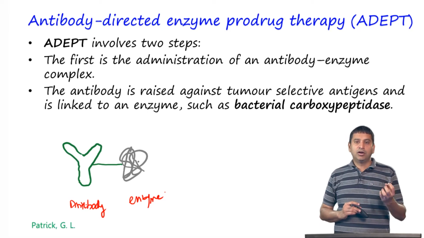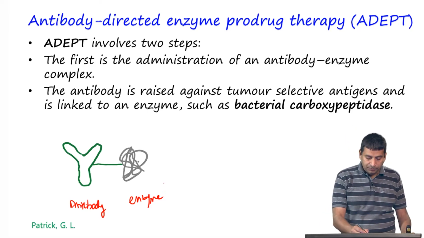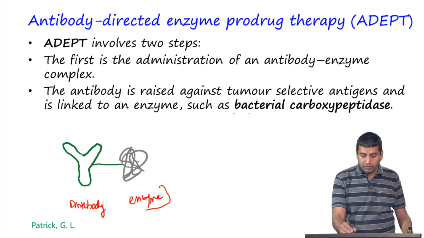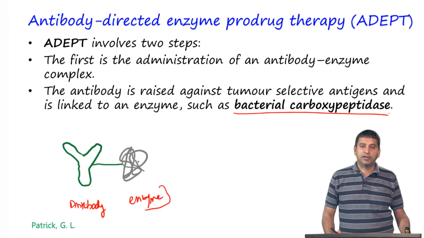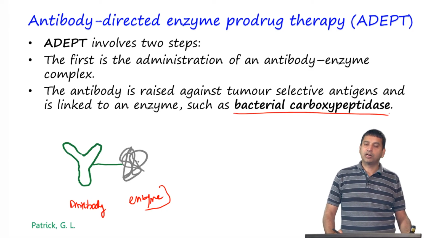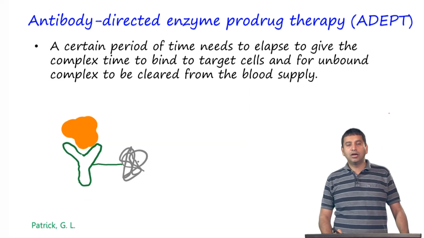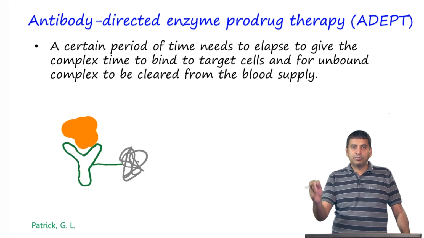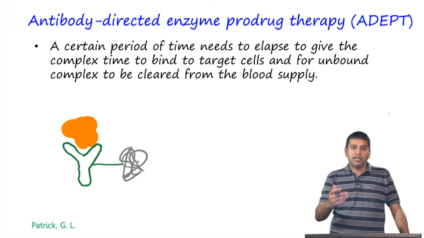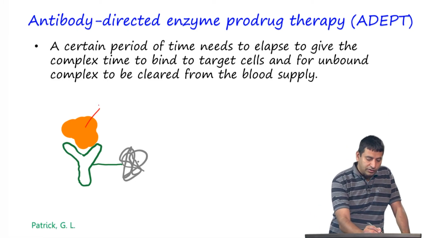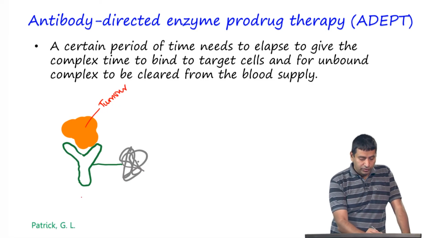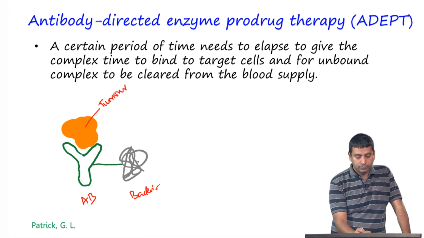Now this enzyme is a special kind of enzyme which is present only in bacteria, for example a bacterial carboxypeptidase. After some time, the antibody slowly accumulates in the tumor site. So here is the antibody and here is the bacterial enzyme.